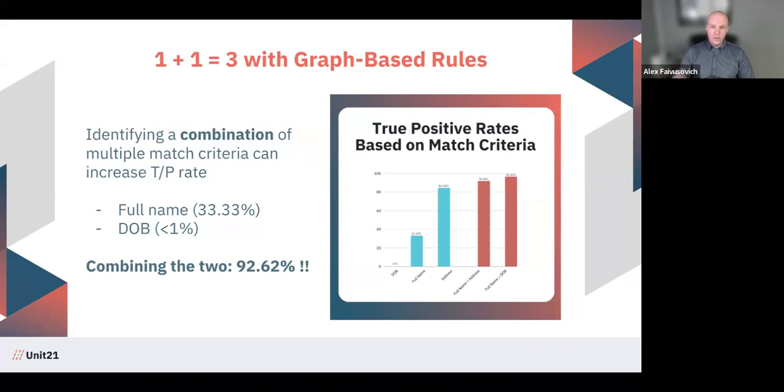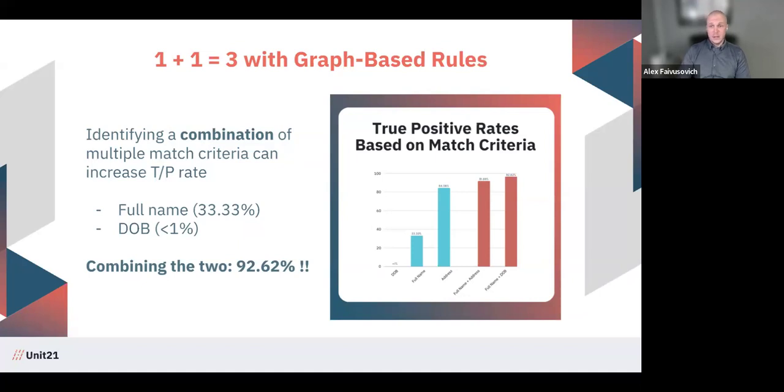we found that a combination of match criteria is actually key to success when you're looking for commonalities between different users. What this graph represents is that when our customers deploy graph-based rules and look for users who share, let's say, 3 or more users sharing a full name and the date of birth, the combination of those two factors resulted in almost 93% true positive alerts.